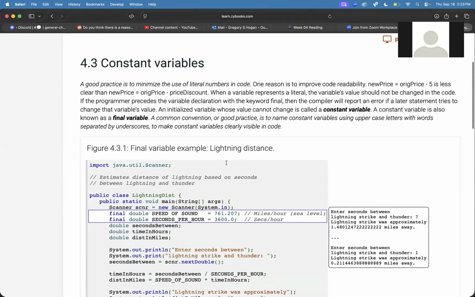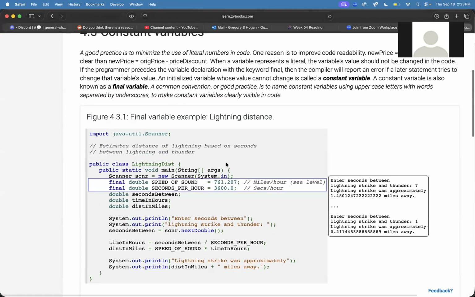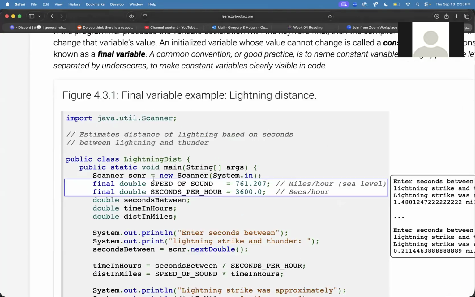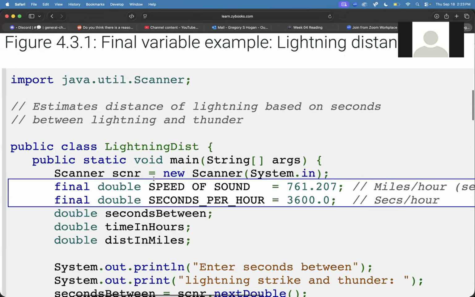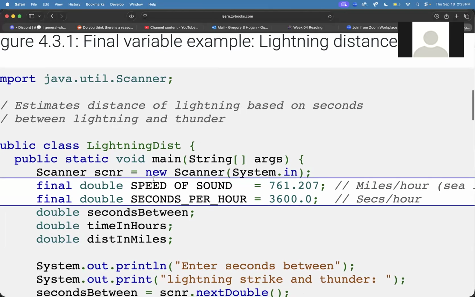In the next section, we're talking about constants. We already had the lecture about constants. It was in that same set of lecture slides we used last time, but from last week. Basically, you just put the word final in front of your variable declaration. So if you're declaring a double, a final double would make it a constant. If you were declaring an integer, a final int would make it a constant integer.